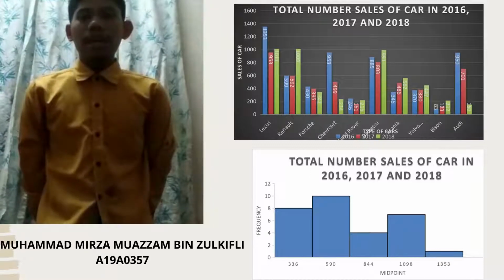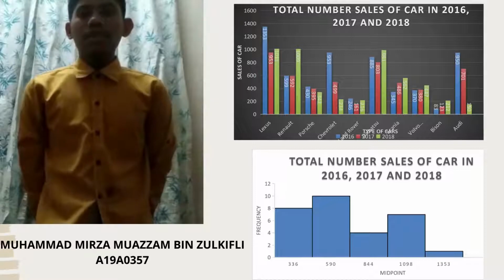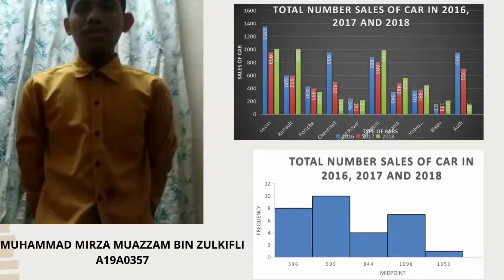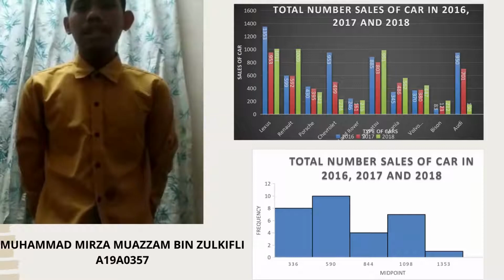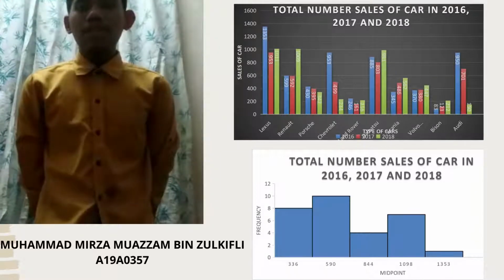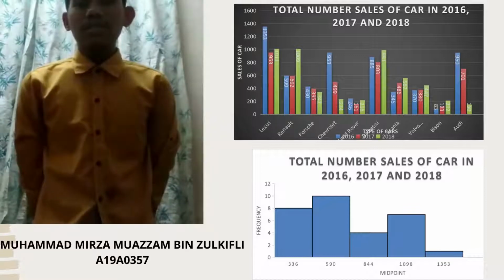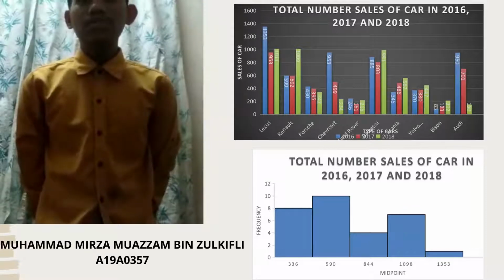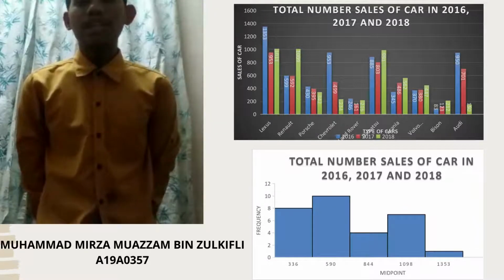The type of car Lexus got the highest number of car sales in 2016, 2017, and 2018. Meanwhile, Bison got the lowest number of car sales in 2016, 2017, and 2018.